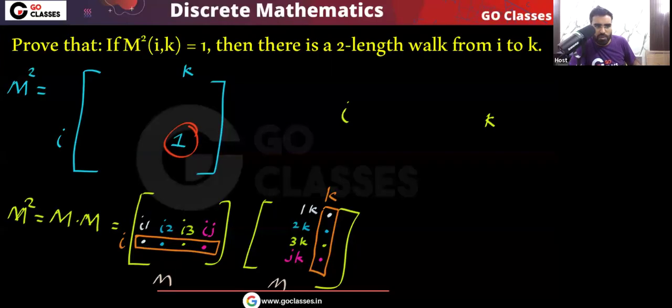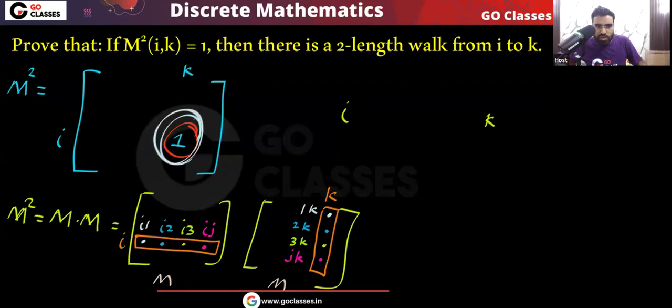Now, if this ik entry is 1 in M power 2, then somewhere it is happening that 1 is multiplying with 1. Do you agree with me? To get this ik entry, we need to multiply the ith row of M with the kth column of M. To get this 1, somewhere 1 is multiplying with 1, because 0 multiplied by 0 will be 0, 0 multiplied by 1 will be 0, and 1 multiplied by 0 will be 0.